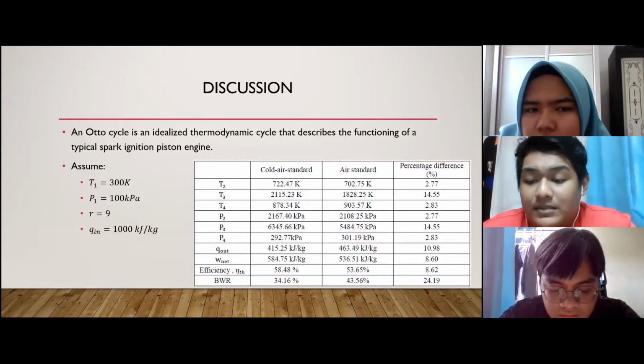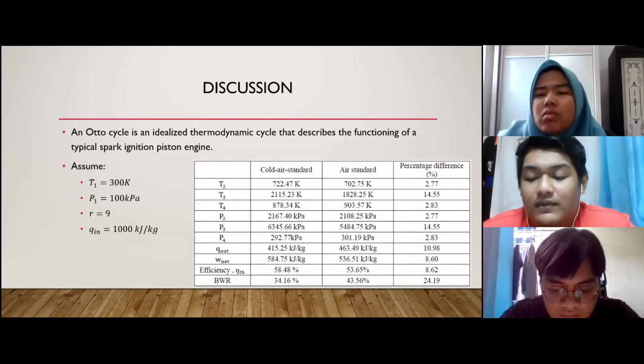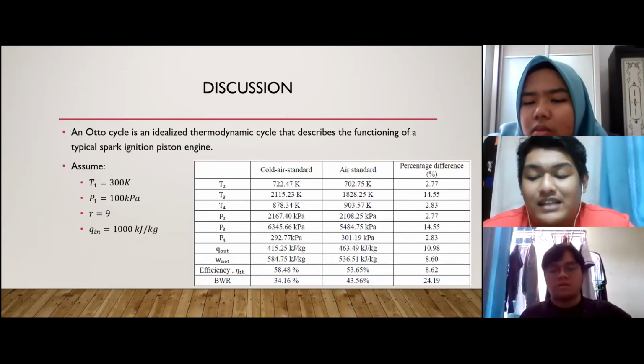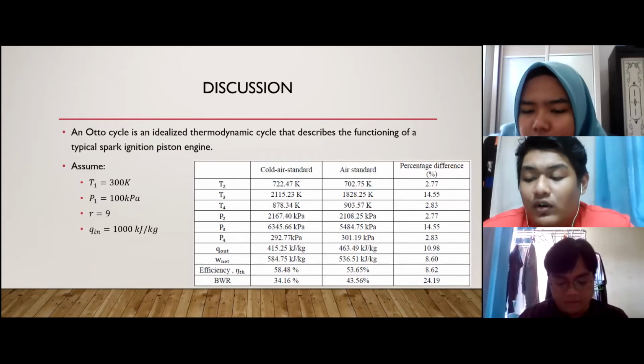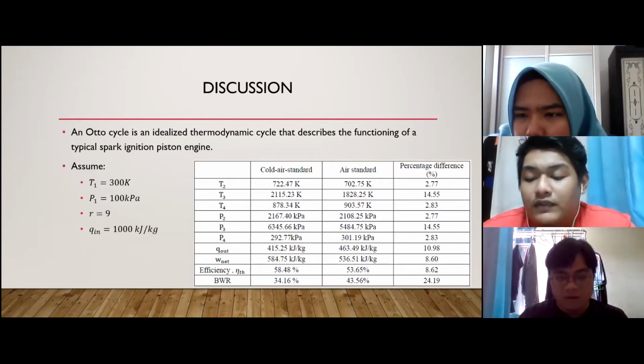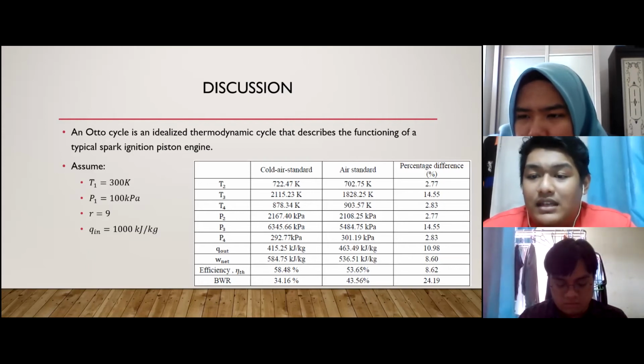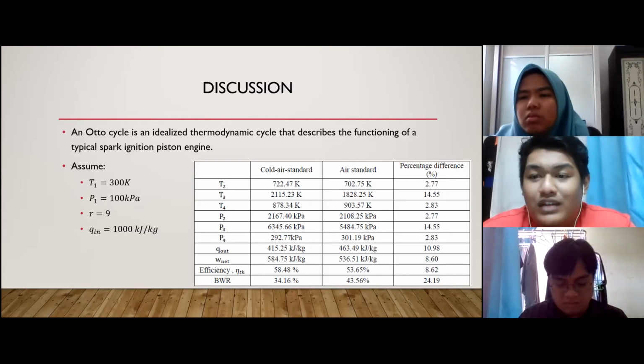Cold air standard assumption has a higher efficiency value compared to air standard assumption. That is 58.48% for cold air standard, while for air standard assumption it is 53.65%. Even though the cold air standard has a higher efficiency value, the air standard assumption is more precise because the value is nearest to the actual cycle.